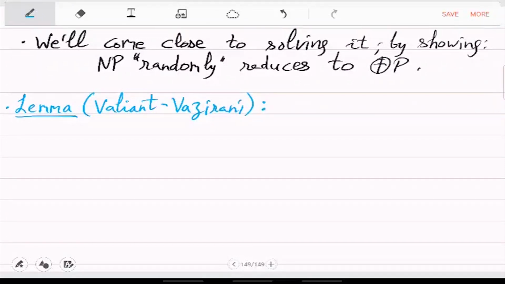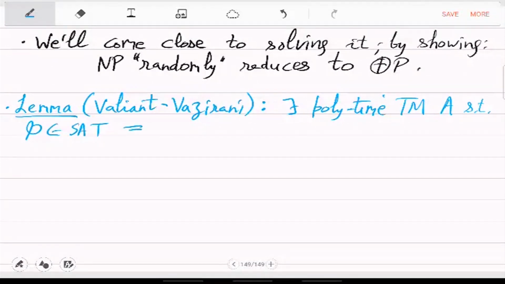So there exists a polytime Turing machine A such that if phi is satisfiable, then this Turing machine A will modify phi to get an odd number of satisfying assignments.